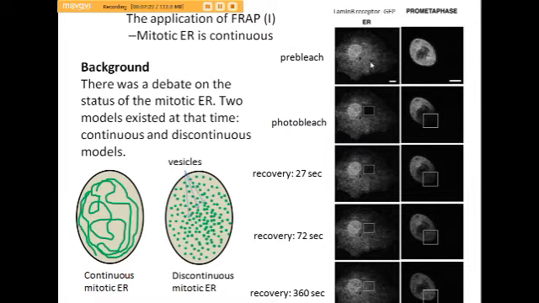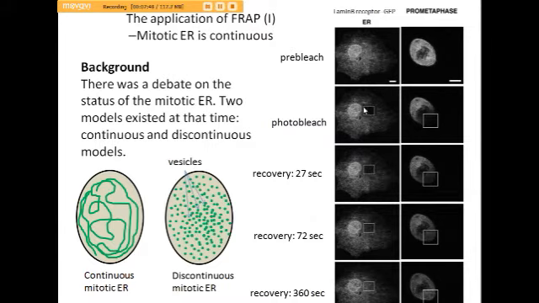Here is the experiment. ER is labeled using lamin B receptor fused to GFP. Lamin B receptor is an inner nuclear membrane protein, but here it could also be used as an ER marker. During interphase, here is the nucleus, and here is the ER.